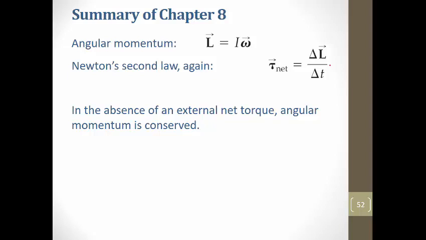Here we can have a collision in a different way, like our skater pulling her arms in, but also other ways, such as having a cog that's rotating and then it runs into another cog, and then their angular momentum remains the same. We just have more mass. And we'll do some things like that in class. And that's it.